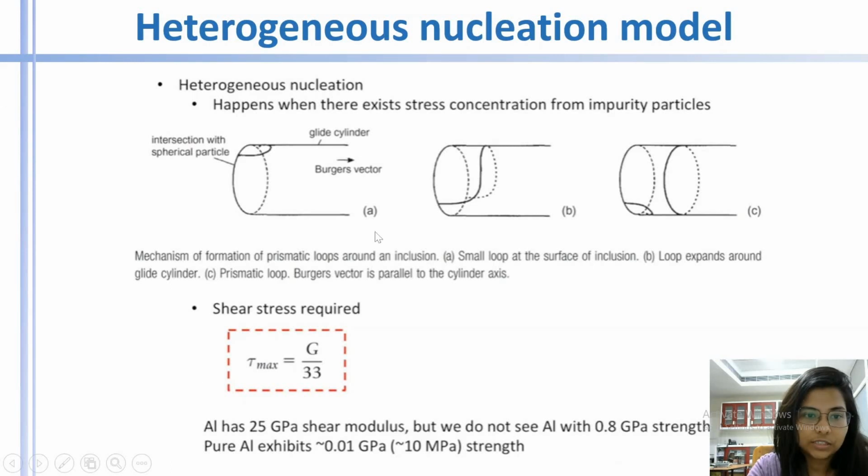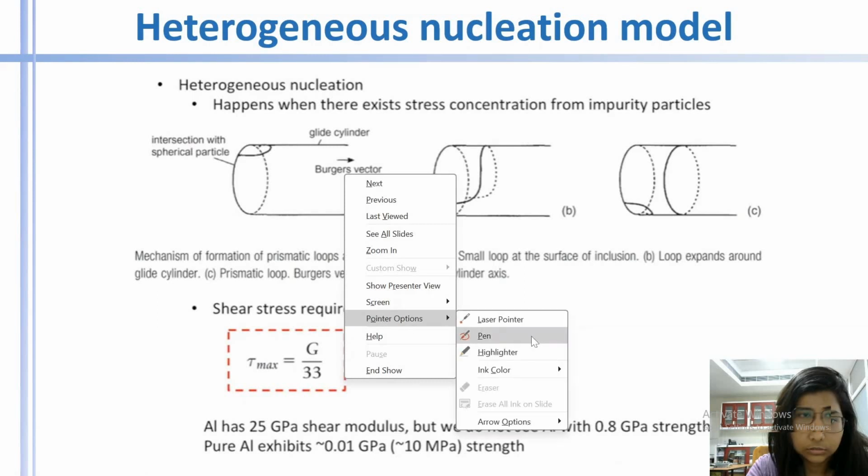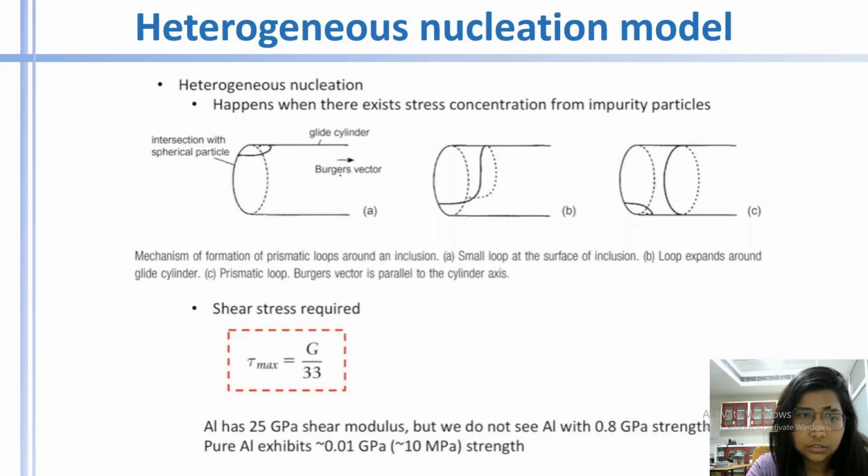Let us assume this is a cylinder, and this is the direction of the Burgers vector.